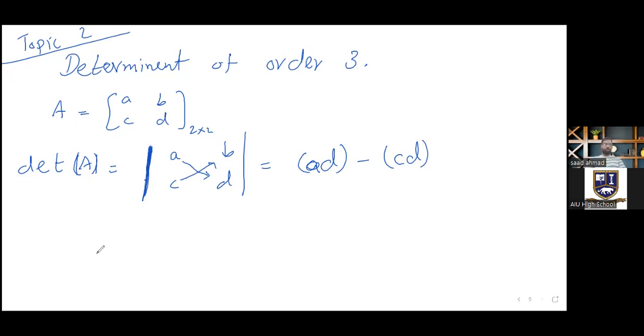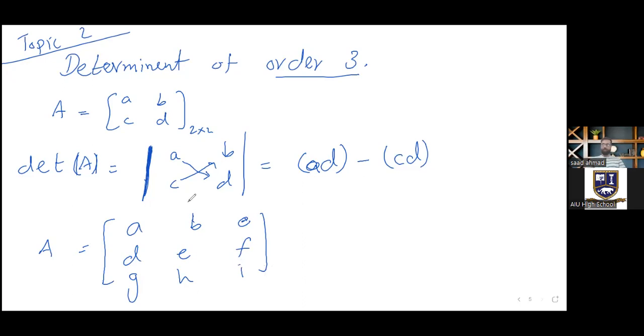Now what we want here is to find the determinant of a 3 cross 3, a order 3 matrix. Let's say we have matrix A here, A, B, C, D, E, F. Okay, like this. And we want to find its determinant.